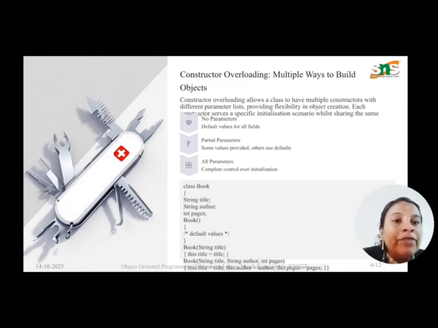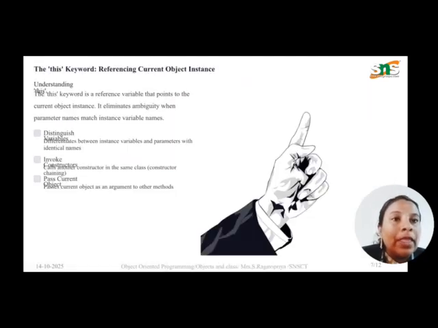Again we are calling a parameterized constructor using another data type. this.title = title. This refers to the current object. Another time we are calling the same constructor name with multiple parameters. This is known as constructor overloading.